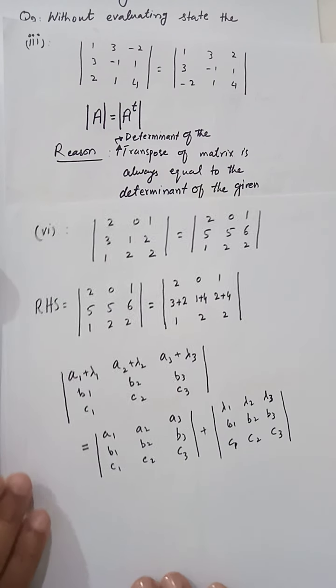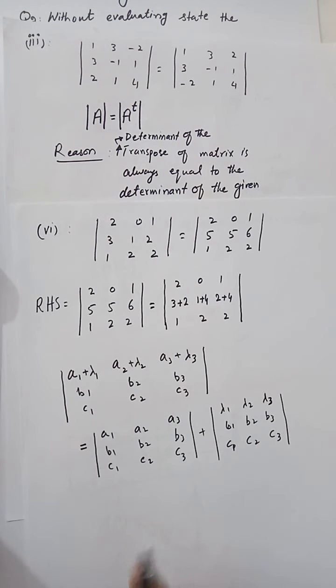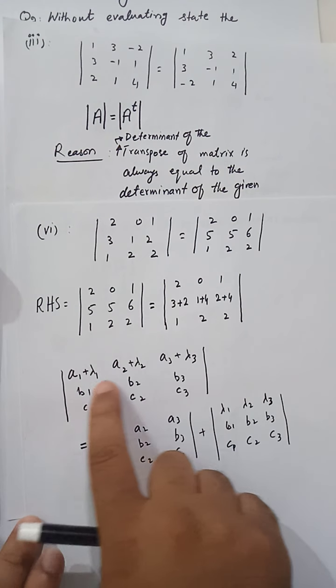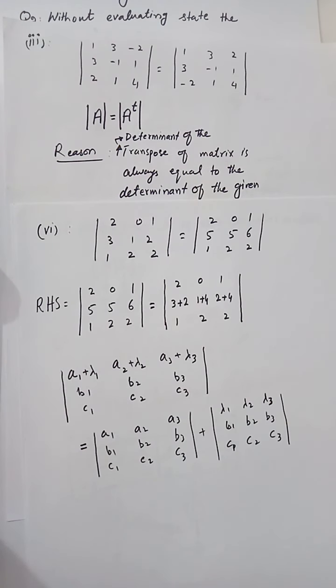Remember the property: if some or all elements of any row or any column of a determinant are expressed as the sum of two or more terms, then the determinant of that matrix can be expressed as the sum of two or more determinants.